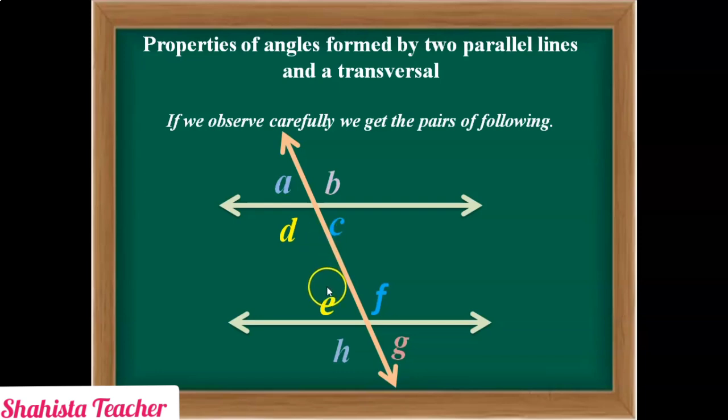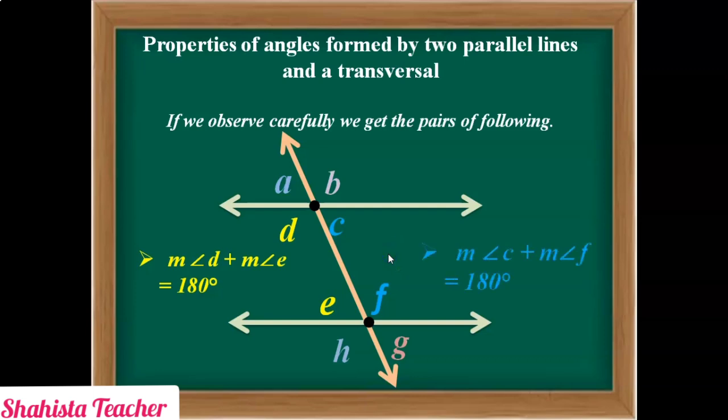So here D plus E and here C plus F. D plus E is equal to 180 and C plus F is equal to 180. So we write measure of angle D plus measure of angle E is equal to 180 degree, and similarly measure of angle C plus measure of angle F is equal to 180 degree.